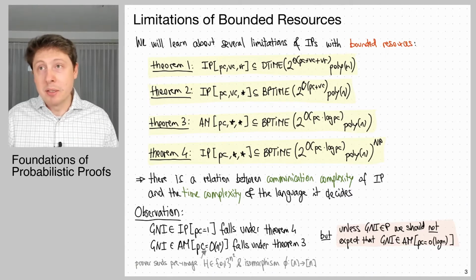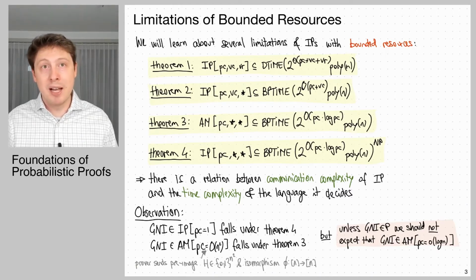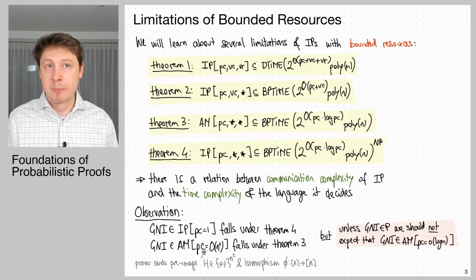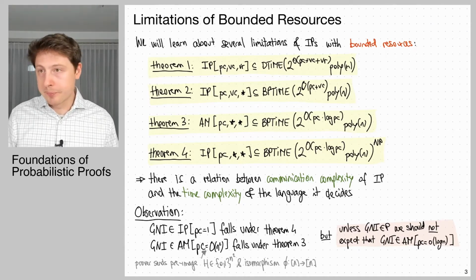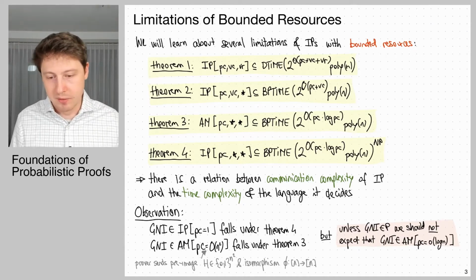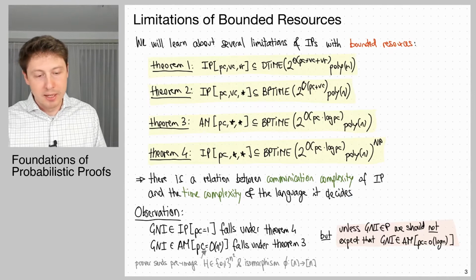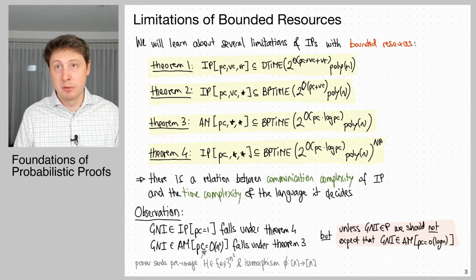That is a bit of a bummer, but we will see in the next lecture that interactive proofs help us with other things, not in compressing witnesses, but in compressing, let's say, computation. So this is a collection of limitations. And today, as I said earlier, we're going to mostly look at theorem 1 and theorem 2. Theorem 1 is basically revisiting the upper bound a little more carefully, and theorem 2 will be building on that to prove something a bit more non-trivial.